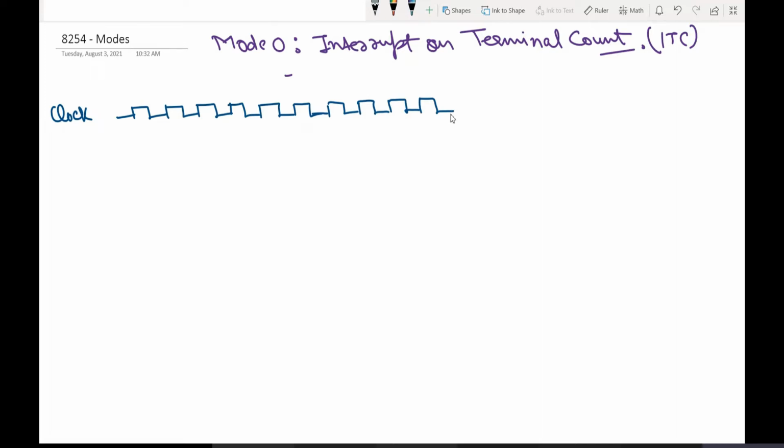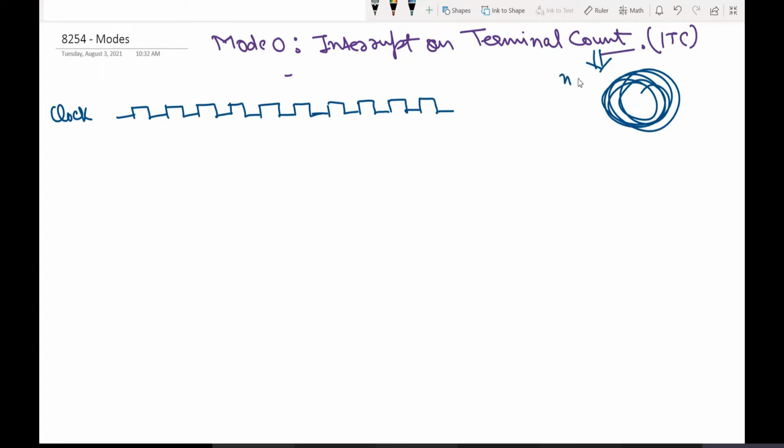After the clock, what we need to understand is that every counter has a count. Count means how many times the counter will operate, just like a loop, how many times the loop will operate.